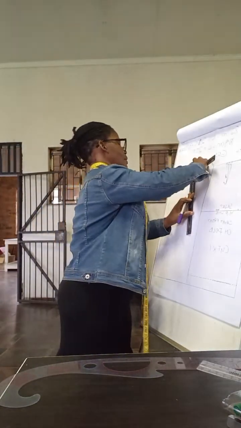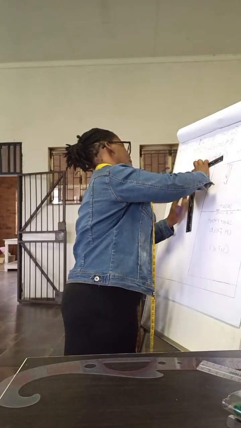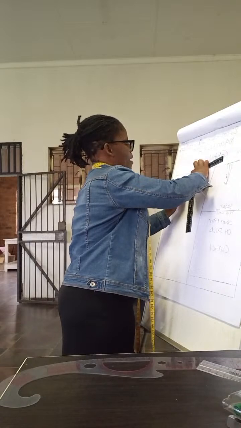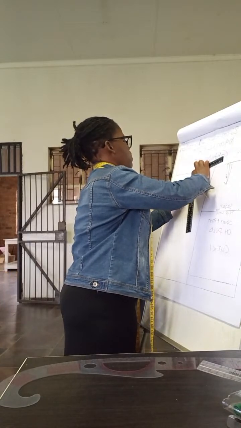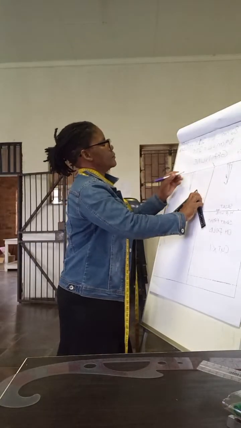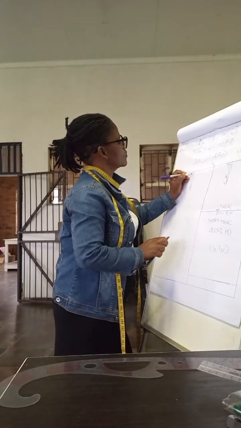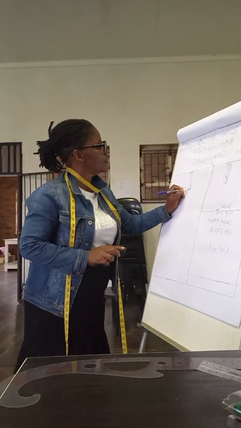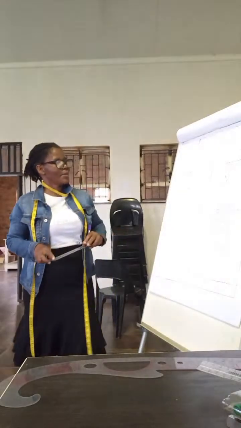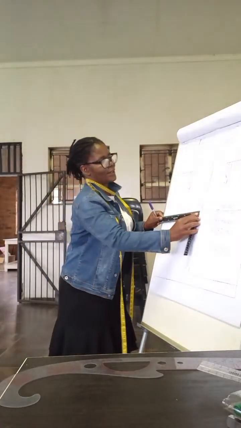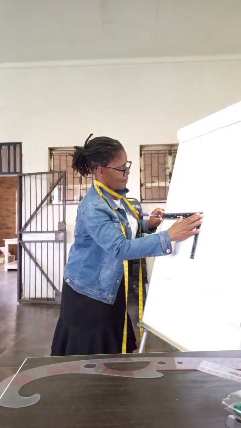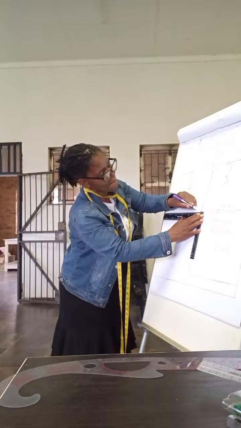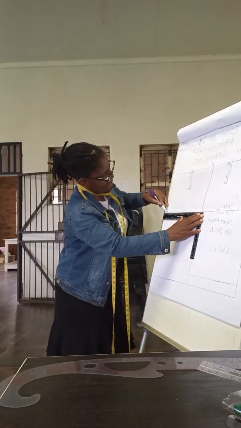This is the center front, the one that is making a fold, the green line. And that one she's starting at now is the center back. She went from the center back 15 centimeters to get the point for the dart. Even here in the front, she went from the center front 15 centimeters to get the point for the dart.